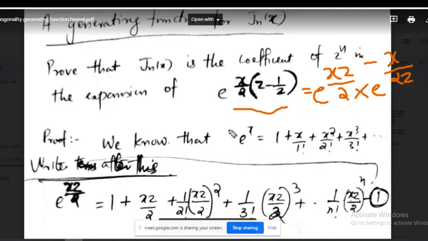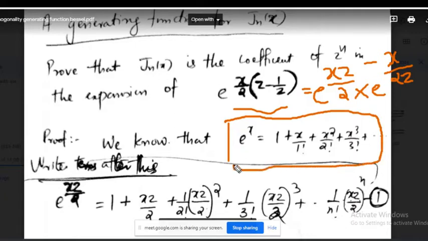We know that exponential x is given by 1 plus x by 1 factorial, x square by 2 factorial, x cube by 3 factorial, etc., the infinite series.